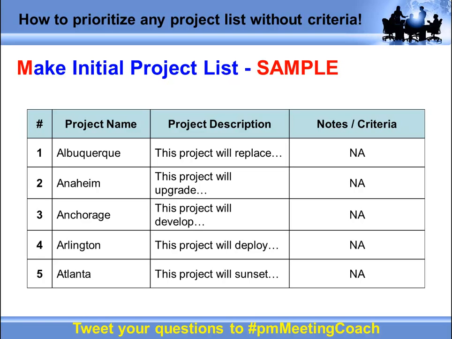So when you make that initial list, include project name, very brief description, and some additional notes if you have some. And I have a criteria column there in case you learn something like the project is mandated or whatever. But that's just a place for you to put notes. But project name and description are really all you need. Later when we do the demo, I'm going to use cities as projects. So in this list we'd have Project Albuquerque, Project Anaheim, Project Anchorage, and so on. All right, so keep that initial list simple.